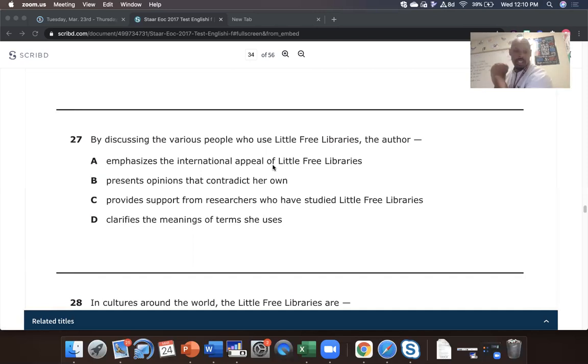Okay, so if we get rid of C and B, that leaves us with A and D. And based on what we have read so far, raise your hand if you think it's A. Raise your hand if you think it's D. Correct answer for number 27 is A.